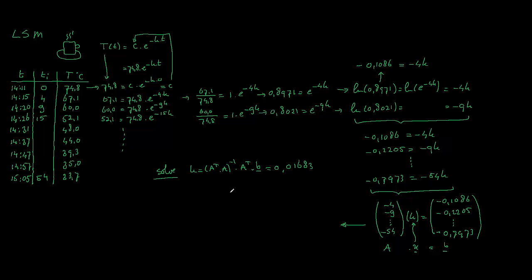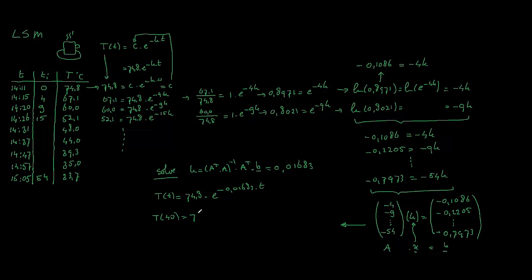Now I have to put the k value into the formula, because we said the temperature at a given time t equals 74.8 times e to the power of minus 0.01683 t. Now I'm interested, for example, what will the temperature be at t equals 40?